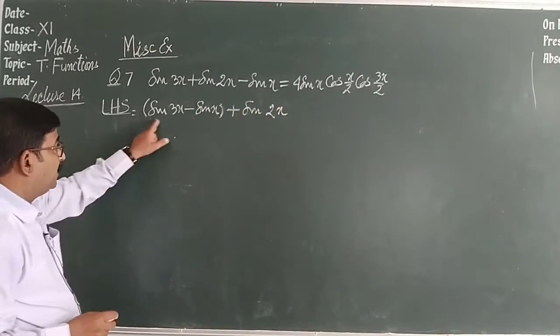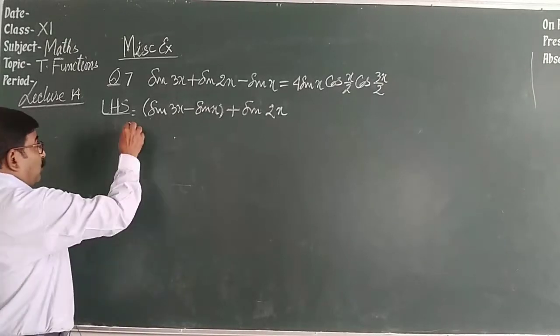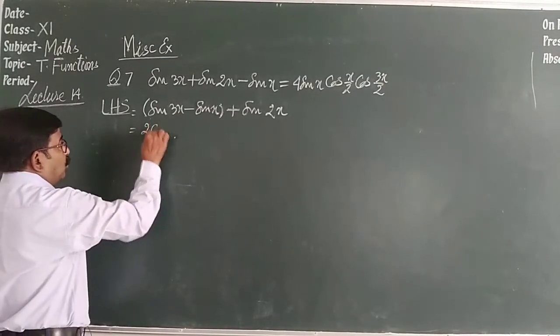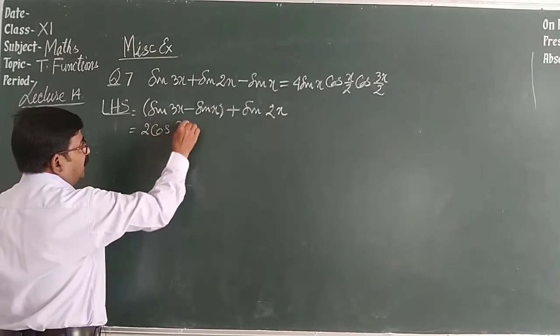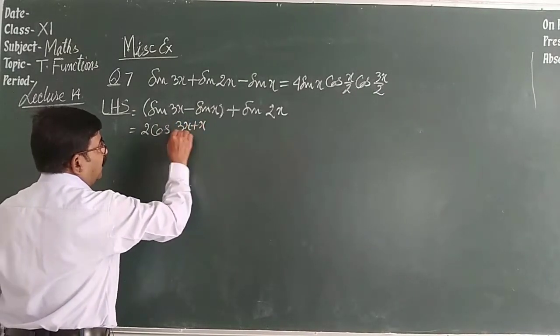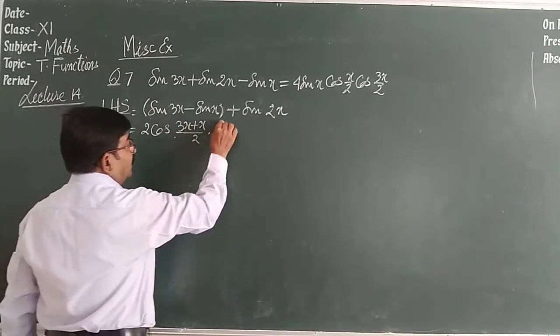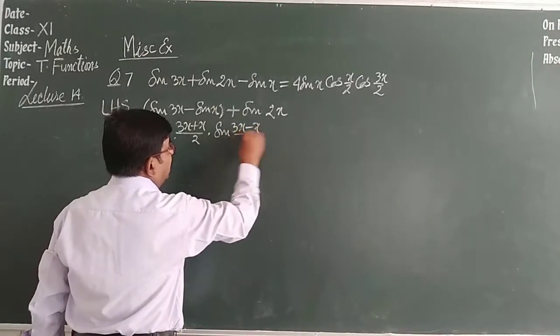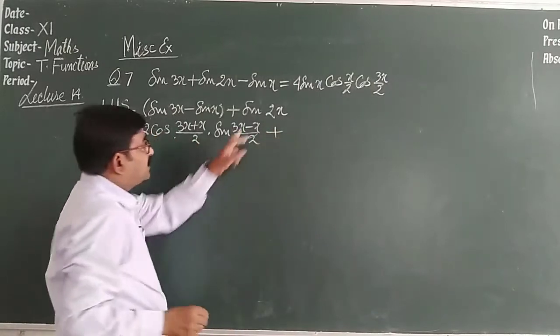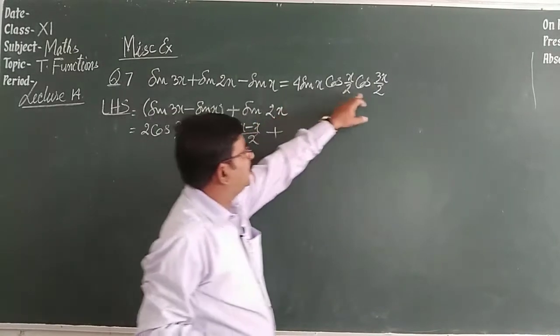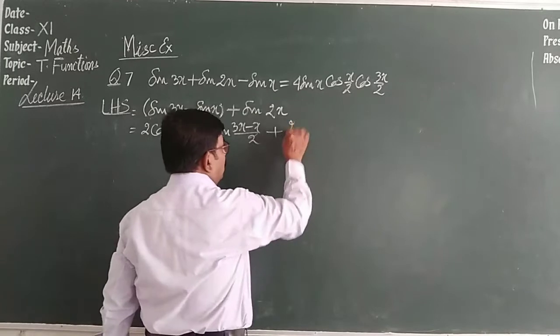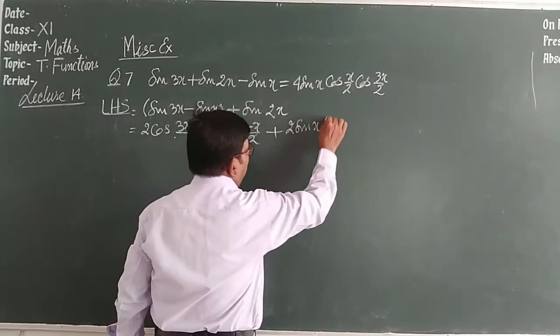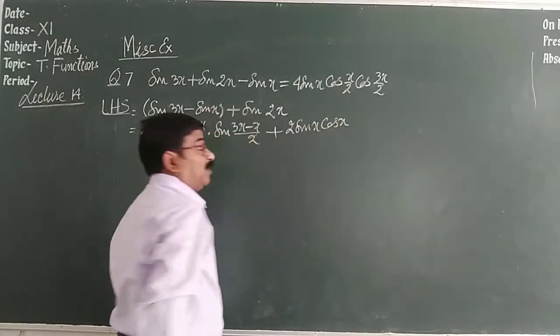See, break this sin A minus sin B. What is the result? 2 cos (3x plus x) by 2 sin (3x minus x) by 2, plus this sin 2x. We don't need sin 2x, so break this as 2 sin x cos x, the formula of sin 2x.